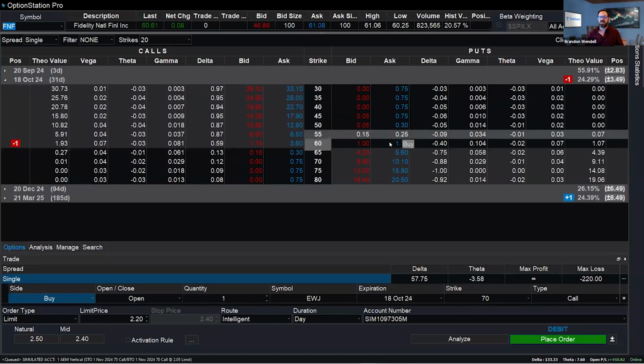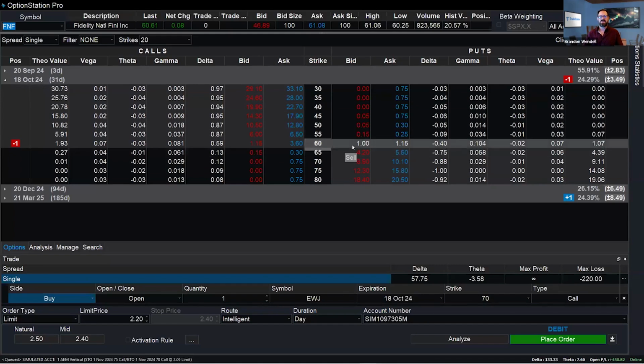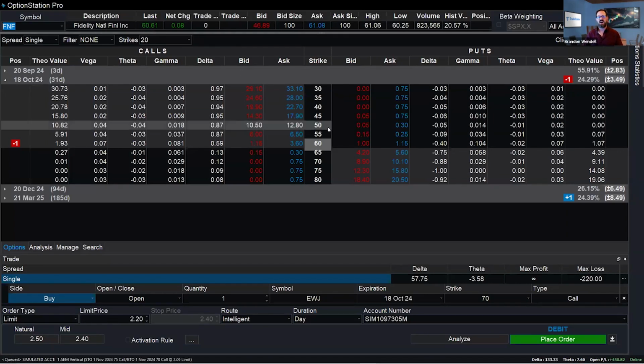Let's do a put this time. Okay, right now, the at the money puts 60, because we're trading at 60.61, that's at the money. I know it's slightly out of the money, it has no intrinsic value, right? If you're familiar, intrinsic value is how much in the money that option would be. Well, a put is in the money if the current price is under the strike price.